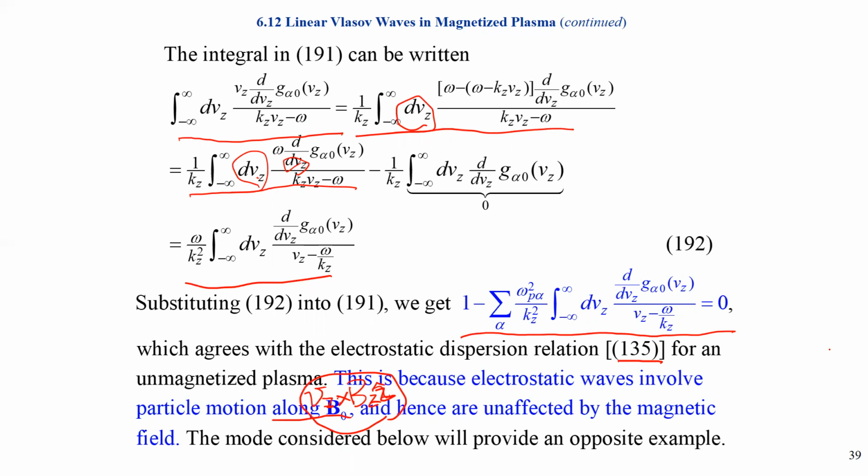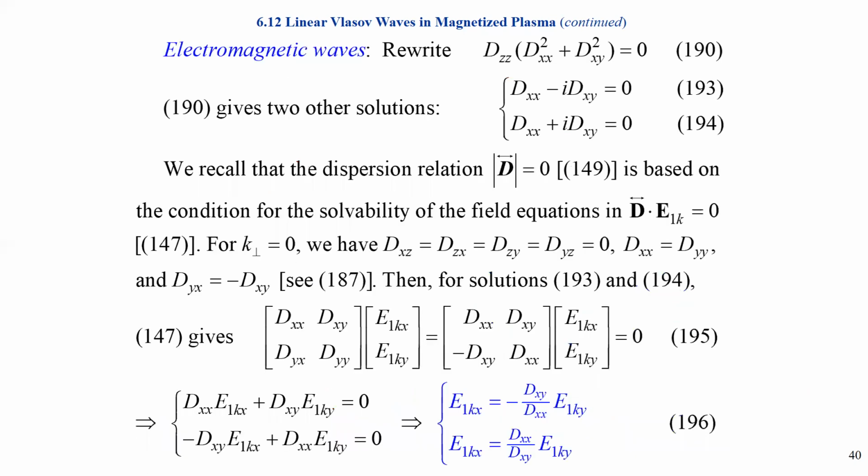Just imagine electrostatic plasma oscillations, unaffected by the magnetic field in the Z direction. And that's why it's independent of the direction; it's isotropic.